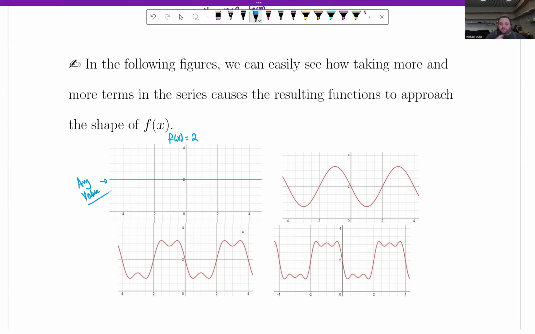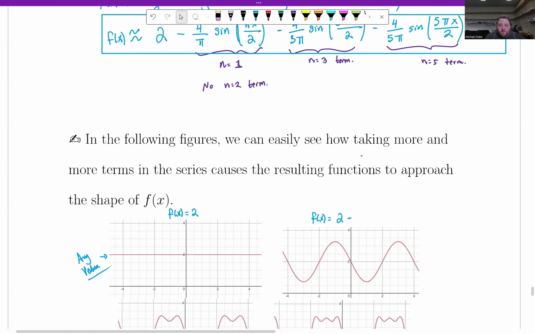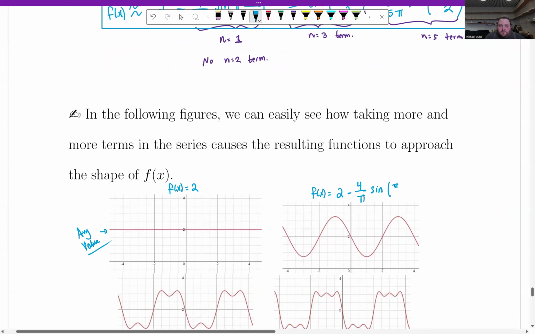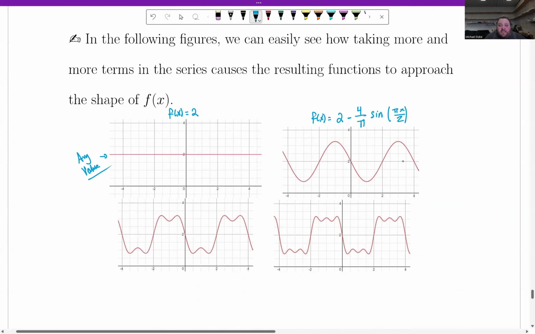Okay, good. And now we're going to add our next term here. So we have f of x is equal to 2 minus 4 over pi sine of pi x by 2. And so once we do that, we're hoping that this is going to be around 3 here and 1 here.